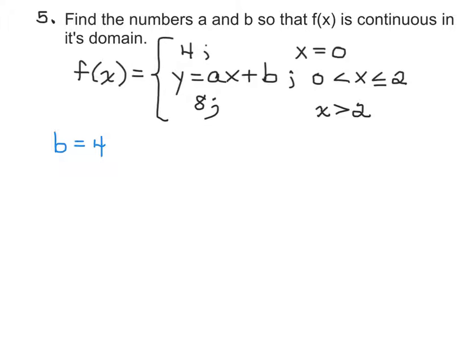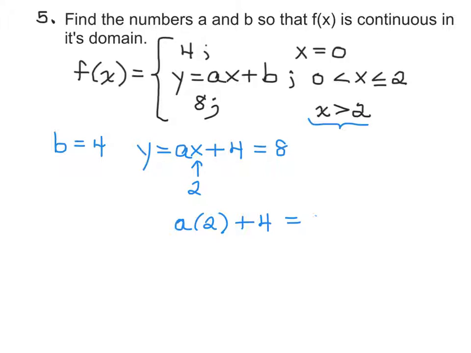So now we'll say, okay, then y equals ax plus b, which is 4, is going to have a height of 8 when x is 2. So we would say that a times 2 plus 4 equals 8.